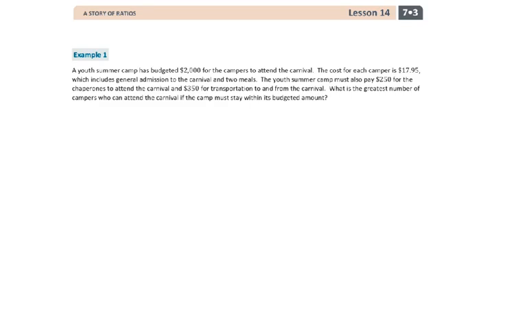All right, so the camp has budgeted $2,000 or less for the campers to attend the carnival. So we're going to say something less than or equal to $2,000. Now, they're paying $17.95 per camper, so we're going to say $17.95 C, plus they're also paying $350 for transportation, and $250 for the chaperones.